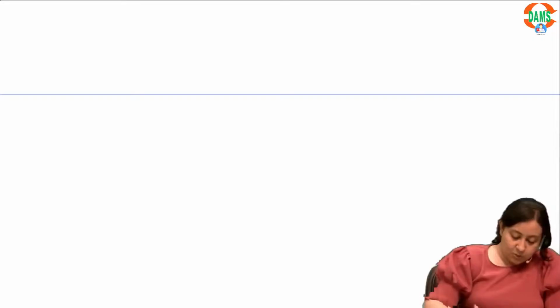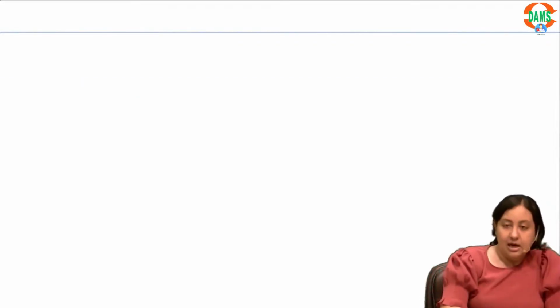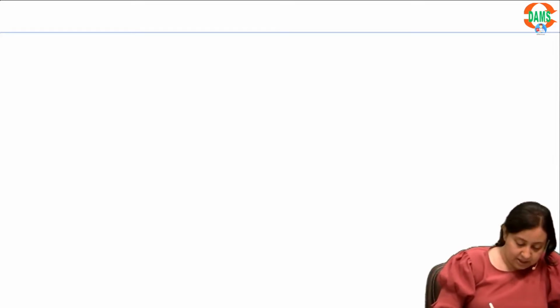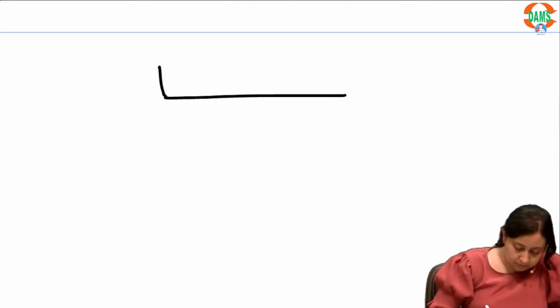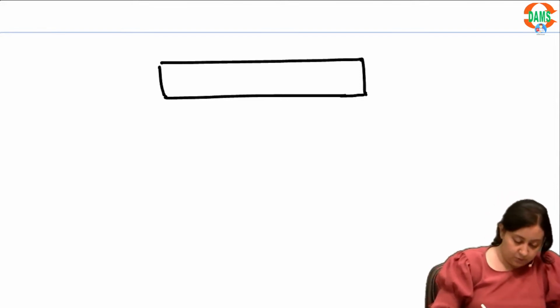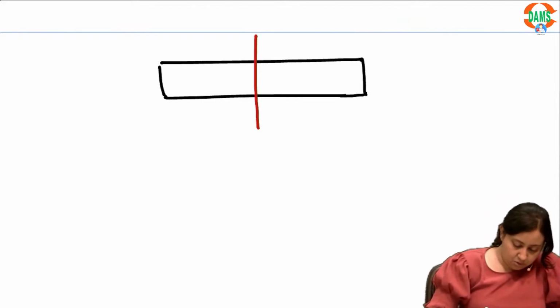Now let's look at a few line diagrams to understand the process of distraction osteogenesis. Let's have a look. So this is your bone. Okay. You do an osteotomy.